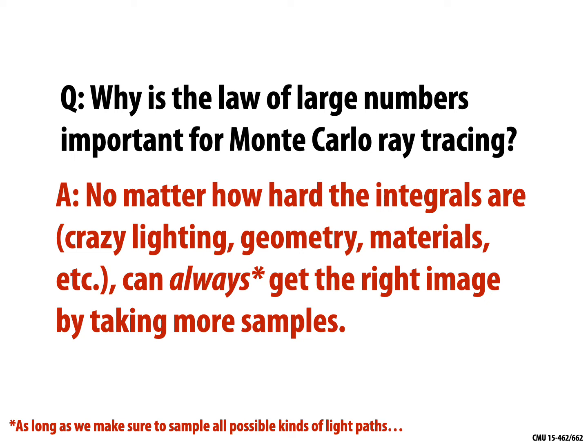Now, there is a little bit of an asterisk here, and we'll talk about this especially in our next lecture on variance reduction, that you have to be careful when you're doing rendering that you actually draw samples from the entire domain. In this case, meaning you actually consider all possible types of light paths that could go through your scene. And this is a little trickier than you might expect. But in general, you can do this. You can get a correct image via Monte Carlo.